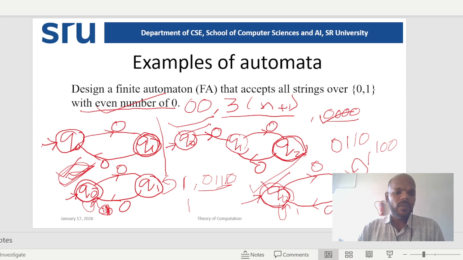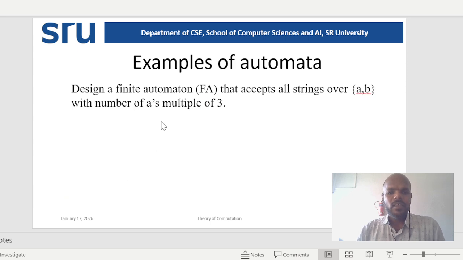So we will see the one more example, that is design finite automata that accept all strings over a comma b with number of a's multiple of 3. So that means that any string which having a comma b as input alphabet, we should accept the number of a's is multiple of 3.